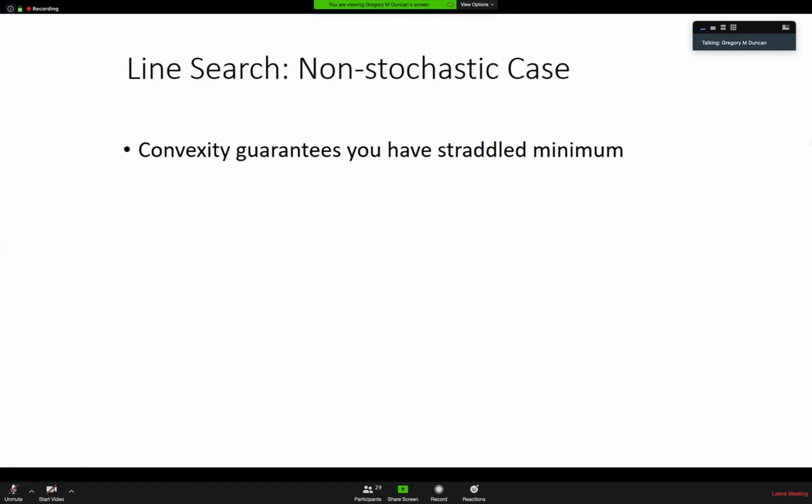And when you go up, it turns out you're guaranteed you've straddled the minimum. So you have a few points before you get to the minimum, and one point after you've got the minimum, and then you can use something called the golden search rule to find the minimum.